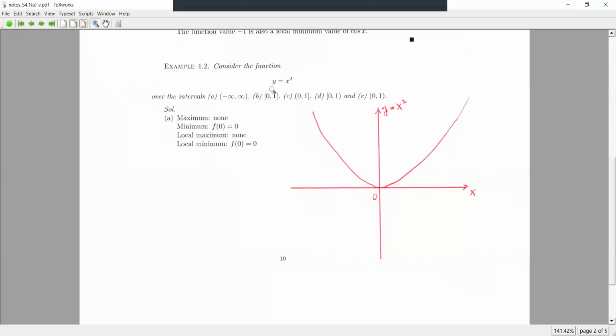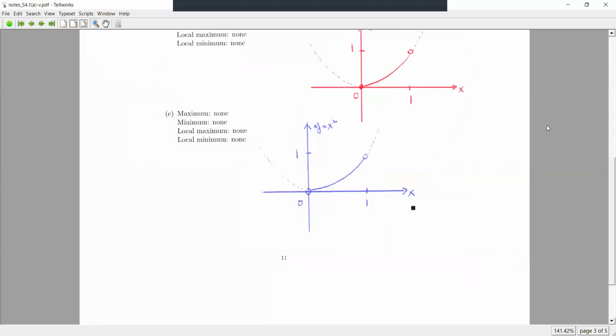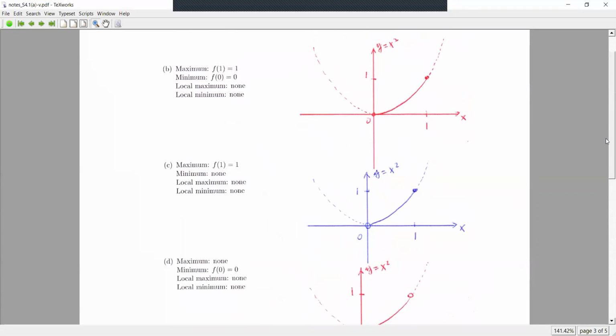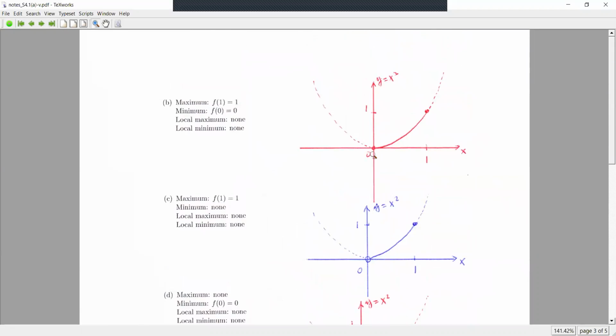Part B. Consider the function over this interval 0 to 1. This is a closed interval. Over the interval 0 to 1, that means that we consider this portion of the parabola.